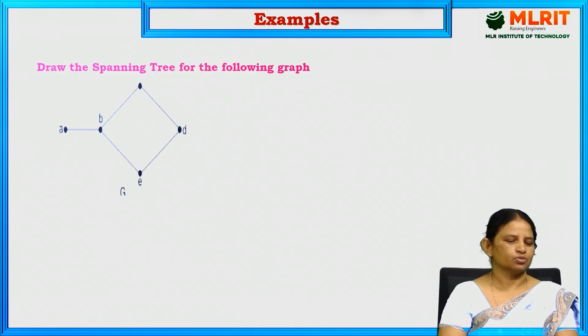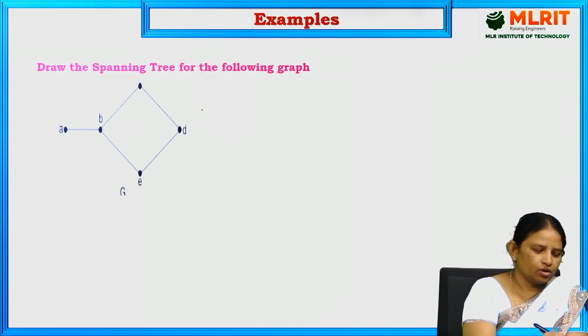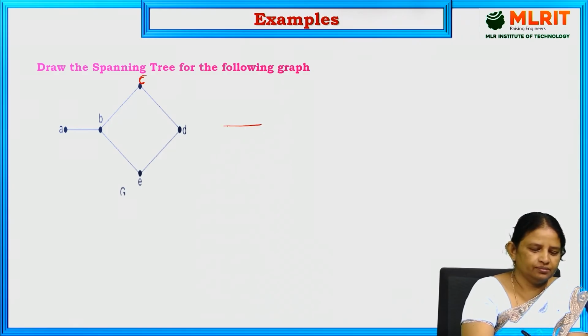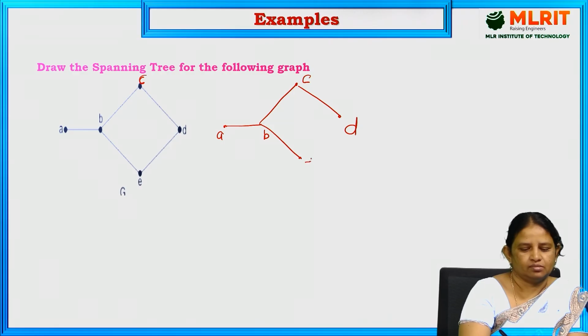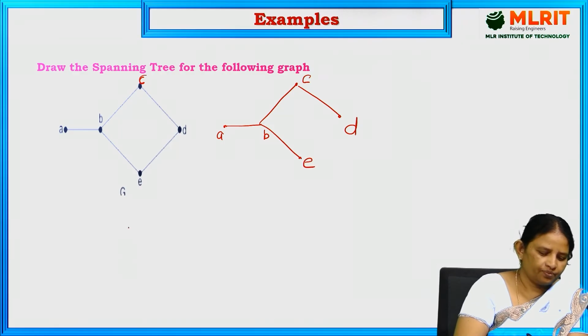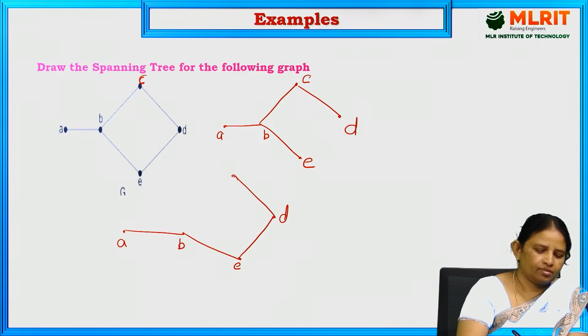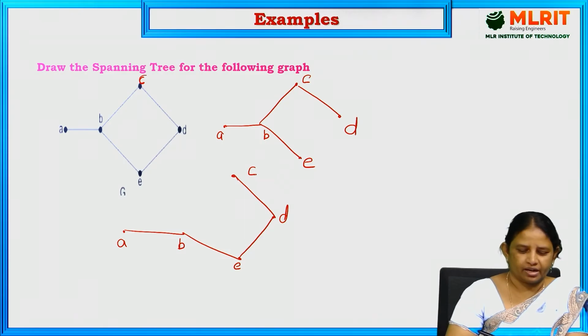Next, draw the spanning tree for the following graph. We take A, B, C here. A to B. This is one spanning tree. This is also one spanning tree.